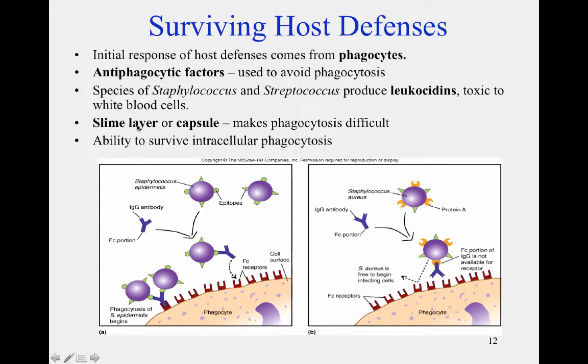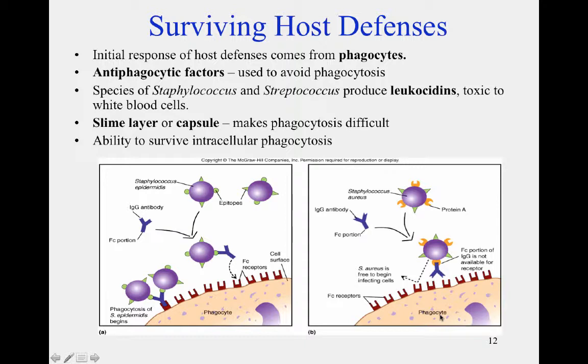Now, like I said, some pathogens are able to avoid this via slime layer or these anti-phagocytic factors. Or the other clever way that pathogens can circumvent this anti-phagocytic factor as being a negative response would be that some pathogens actually like to replicate within phagocytes.